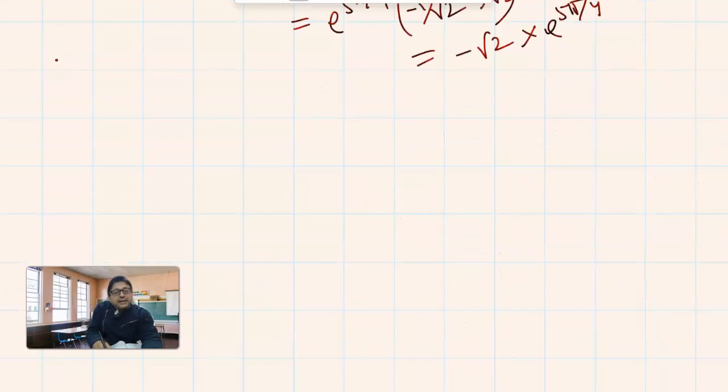Now let us take another example where we will check whether Rolle's theorem is applicable or not.